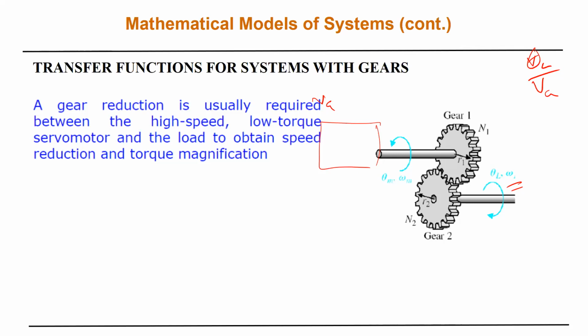What's a similar device? Transformer? Exactly. What does a transformer do? It changes the voltage and the current from one side to another so that it can be used in a suitable manner. We are changing voltage and current from one side, either stepping it up or stepping it down.